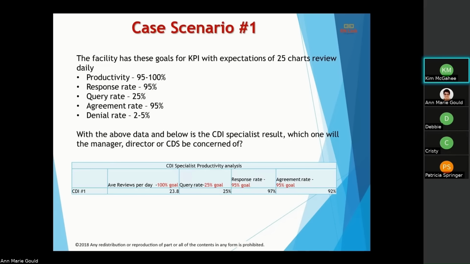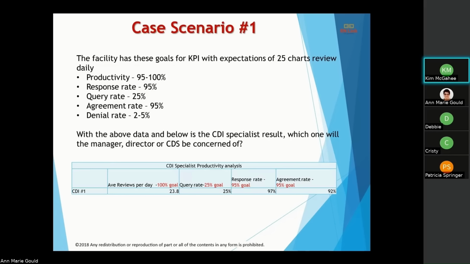Kim, you wanted to mention something? Yeah. So we understand the average review and the agreement rate, but if you're reading this question, which one does it say, and you gave us two. Exactly which one would be the most priority?